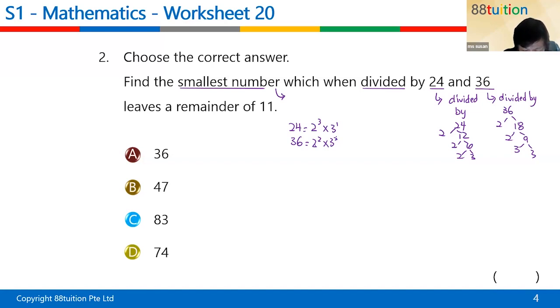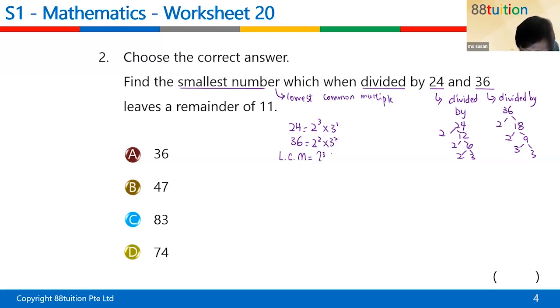So to find the common multiple, what I can do here is the lowest common multiple, right? Smallest one. And it must be a common number. And this common number here is a bigger number than 24 and 36. Okay, so to choose the lowest common multiple, we want to choose the highest power here.